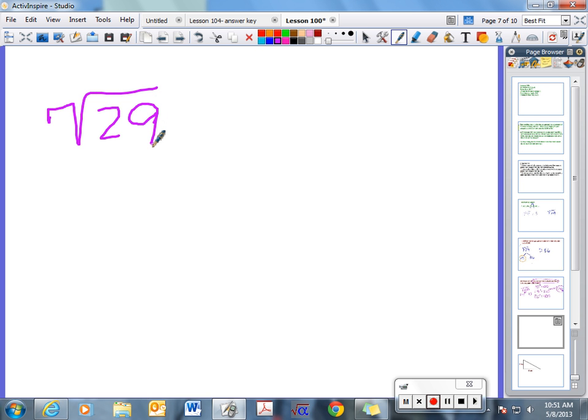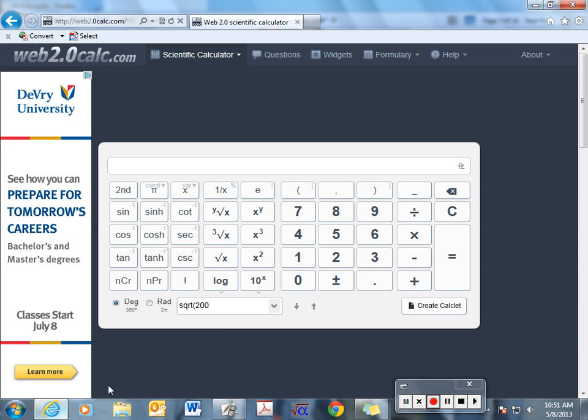Sorry about that. If I really wanted to find a value of the square root of 29, let's pull up a scientific calculator here, and let's find out what a calculator says the square root of 29 is. Okay, so I typed in square root of 29, and it says it equals 5.385164807134504.